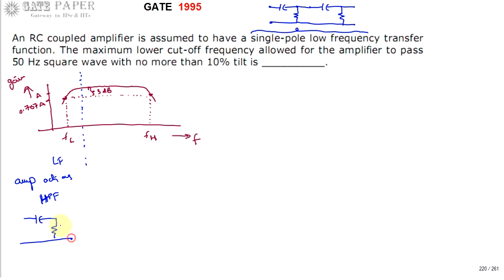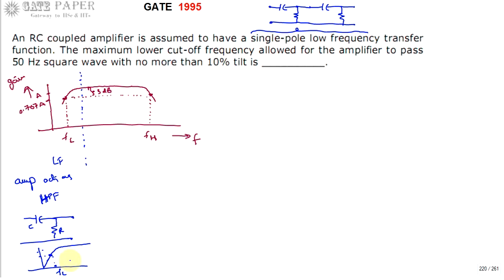We know the frequency response of this one, it looks like this. The frequency at which 70.7% of the maximum is reached is FL.